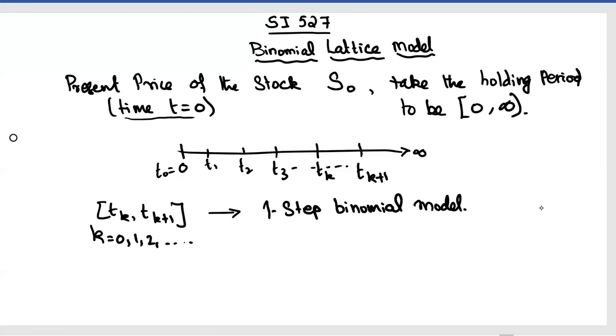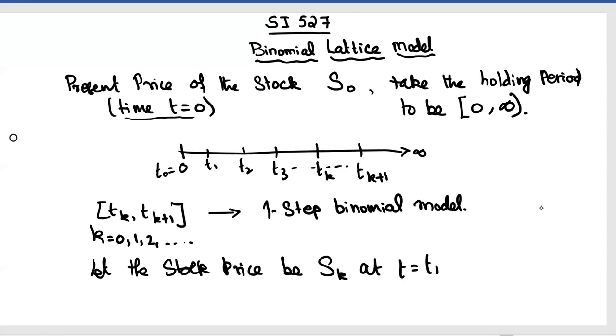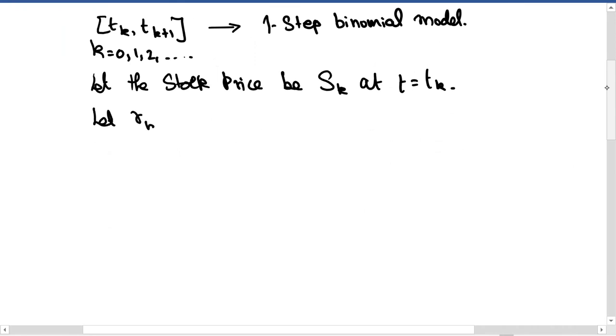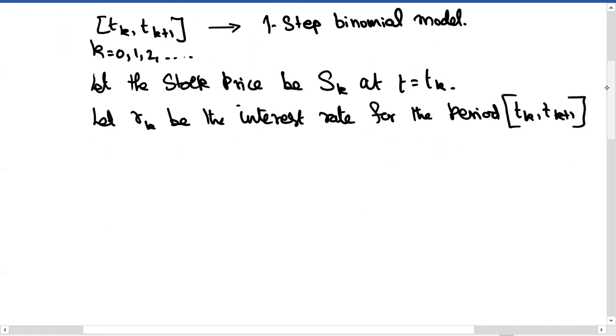In this, let the stock price be Sk at T equal to Tk. Let Rk be the interest rate for the period Tk to Tk plus 1. The idea is generally to compare the price of the stock with the prevailing interest rate and decide accordingly.